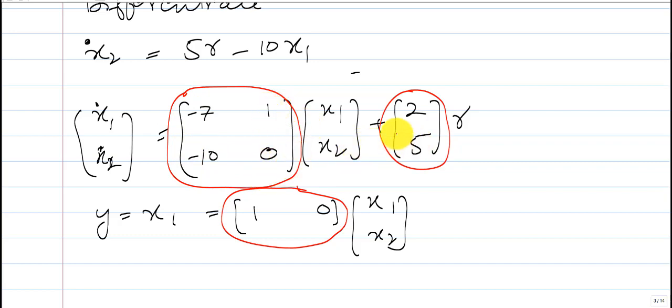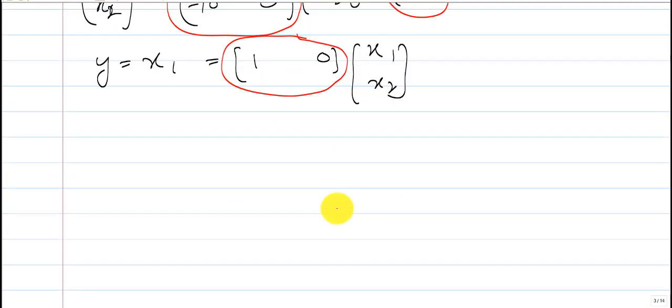The elements of matrix B are the coefficients of the numerator polynomial. In the output matrix C, the first element is 1 and all other elements are 0.